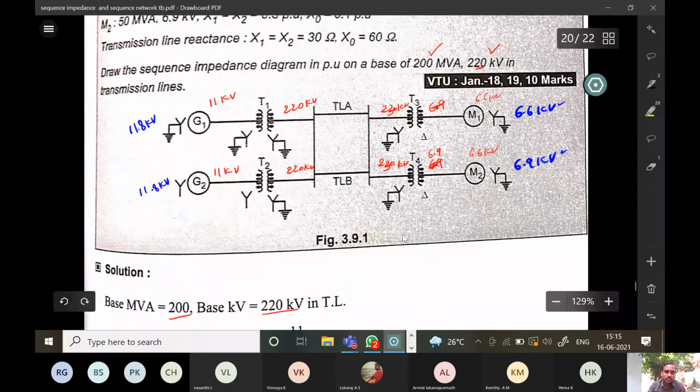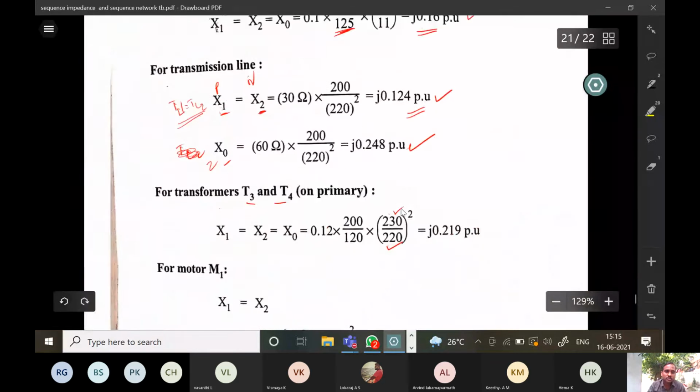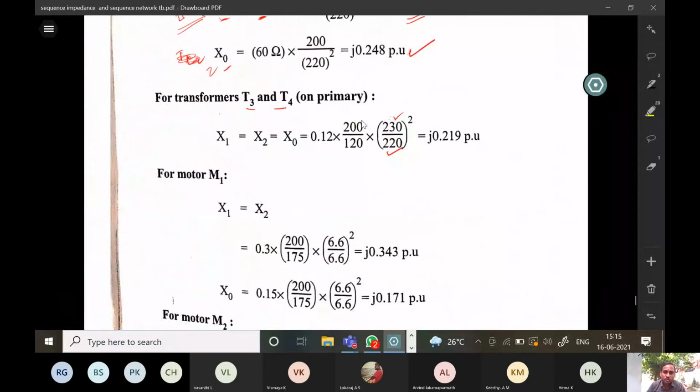So for T3 and T4: new base by old base, 200 by 120, and old base 230 over new base 220, squared. You will get j0.219 per unit.